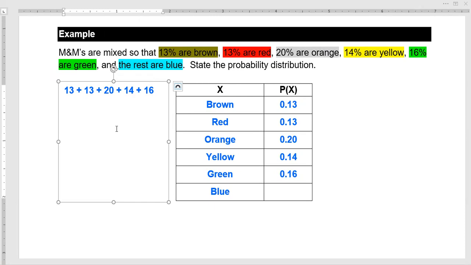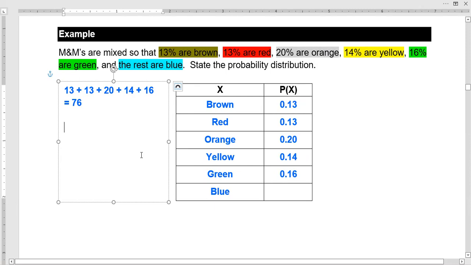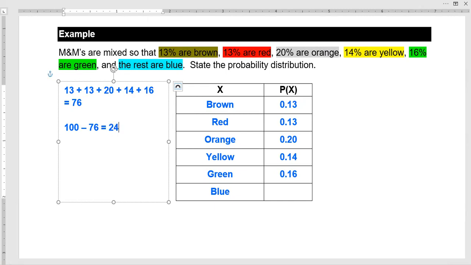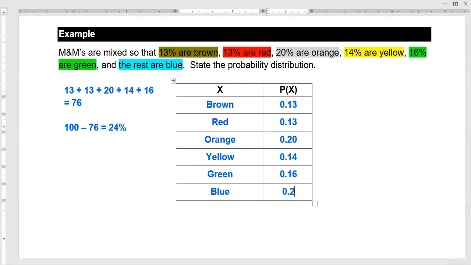So we end up with 76. That sounds right. So these percentages all add up to 76%. So since the rest are blue, we can subtract that from 100. That will give us 24% of the M&Ms are blue. So 24% is going to be 0.24. And there you go. That's how we can fill in our probability distribution.